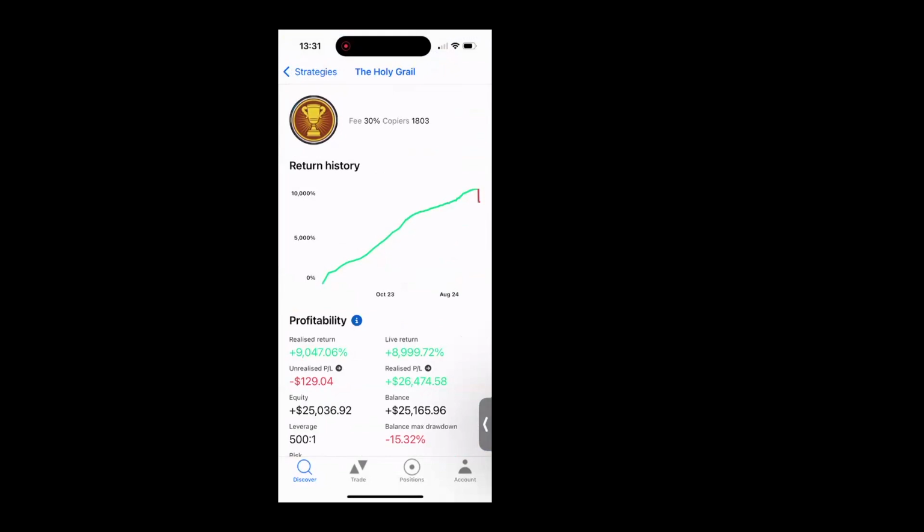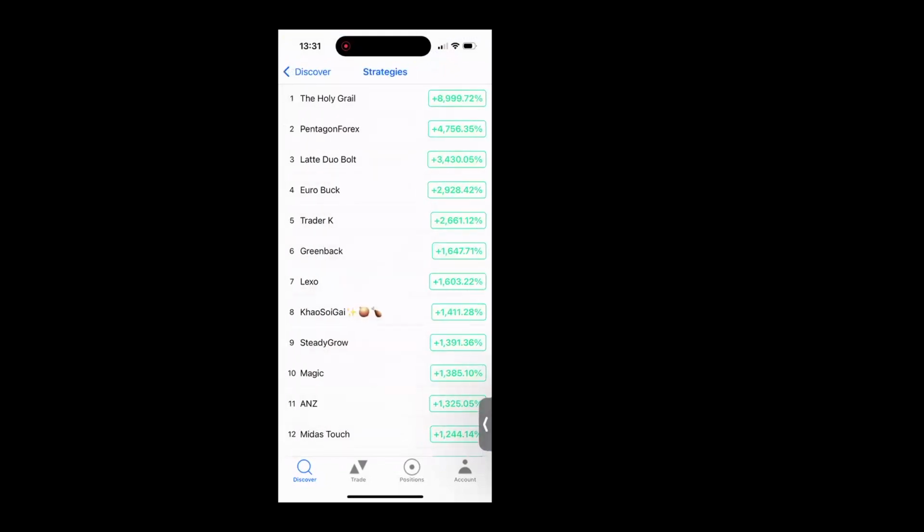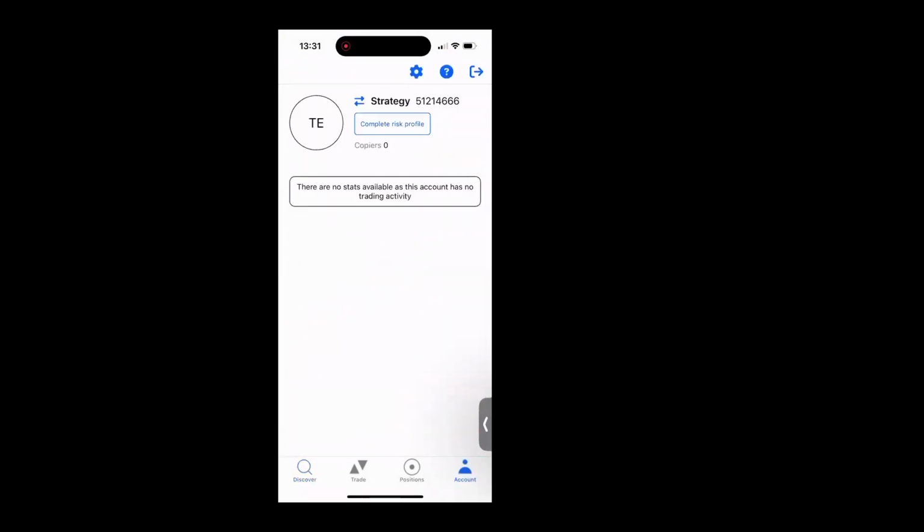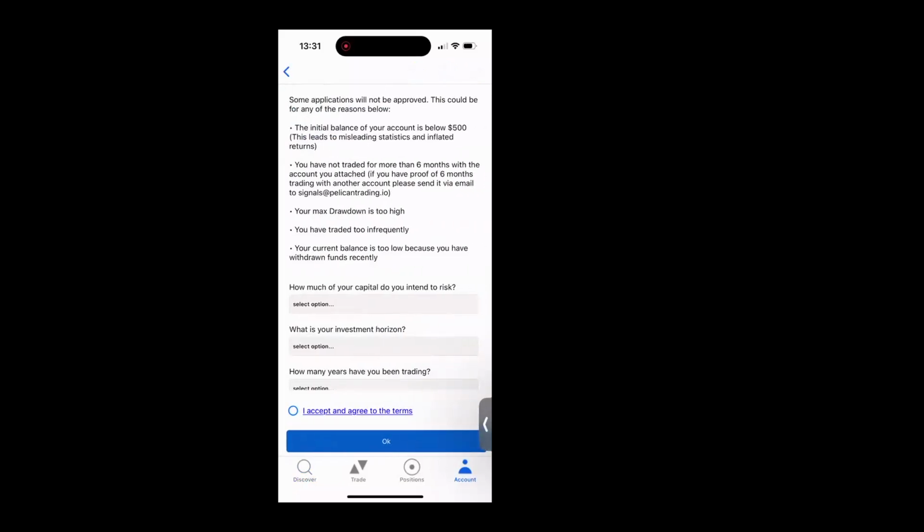You can see at the top there, Holy Grail, fee 30%. Trader K, 50%. So the way it works is signal providers can set performance fees, anywhere between 1 to 50%. The signal provider chooses that.